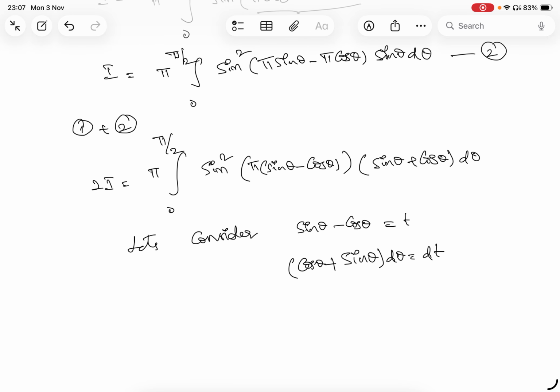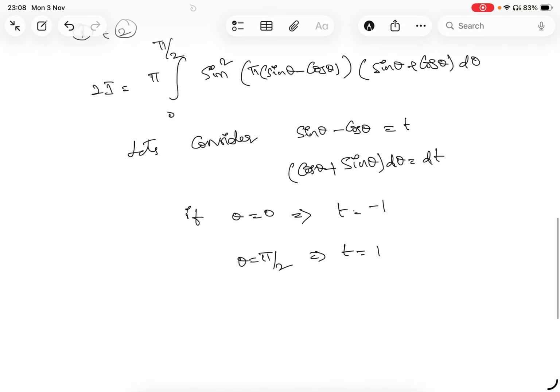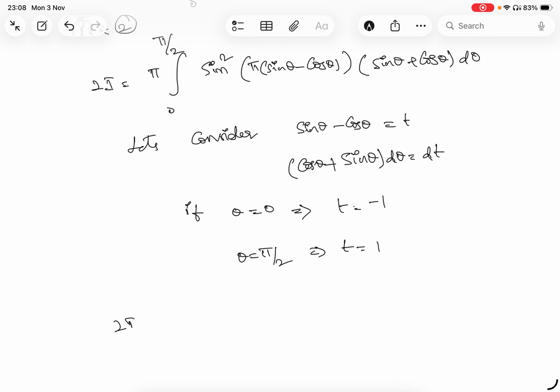Fine. Now, if theta equal to 0, then sin 0 minus cos 0, which is minus 1, so t equal to minus 1. If theta equal to pi by 2, then sin 90 minus cos 90, which is 1, so t is 1.